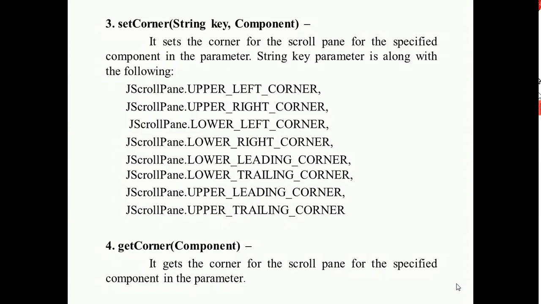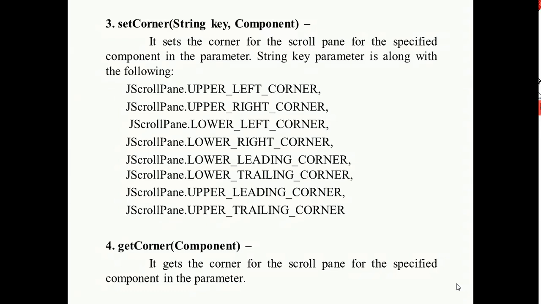The fourth method is getCorner, having a string parameter. This method gets the corner of the scroll pane for the specified key in the parameter. These four are the methods of the JScrollPane.